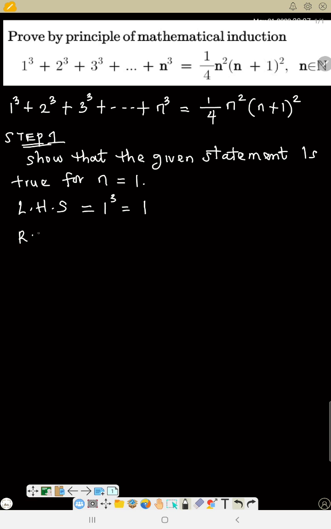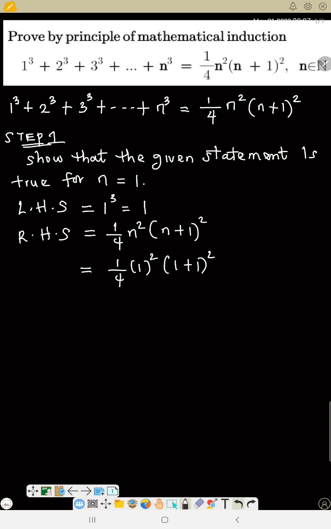Now the right hand side: we have 1 over 4 n square, n plus 1 square. So 1 over 4 times 1 square, since n is 1, times 1 plus 1 square.